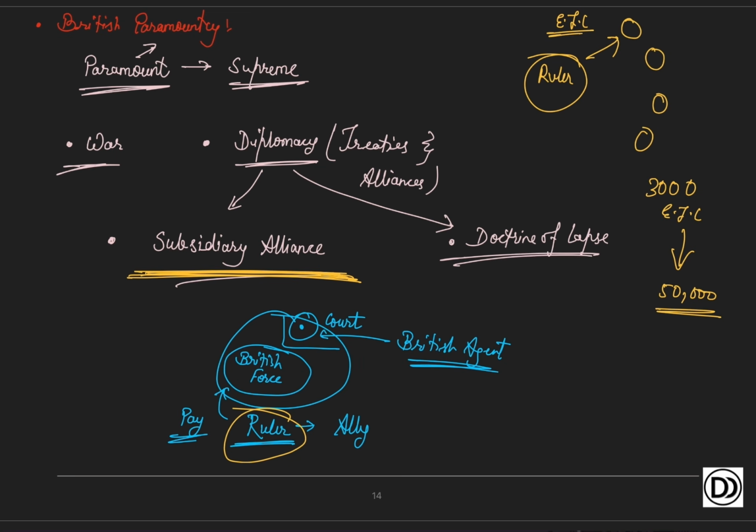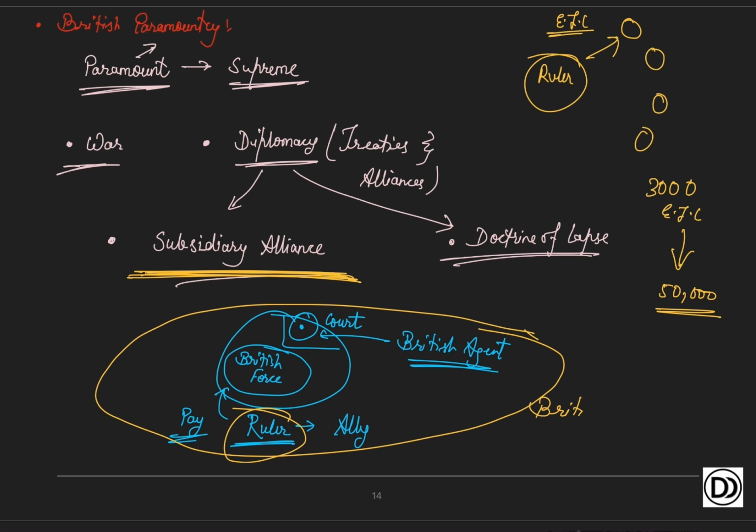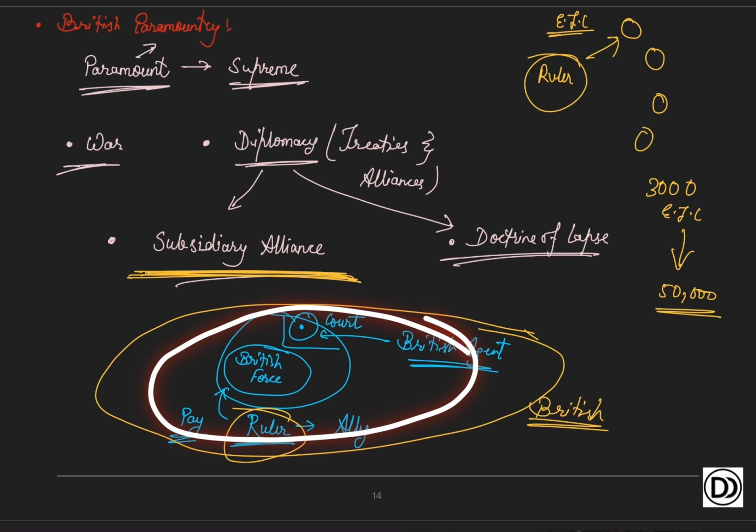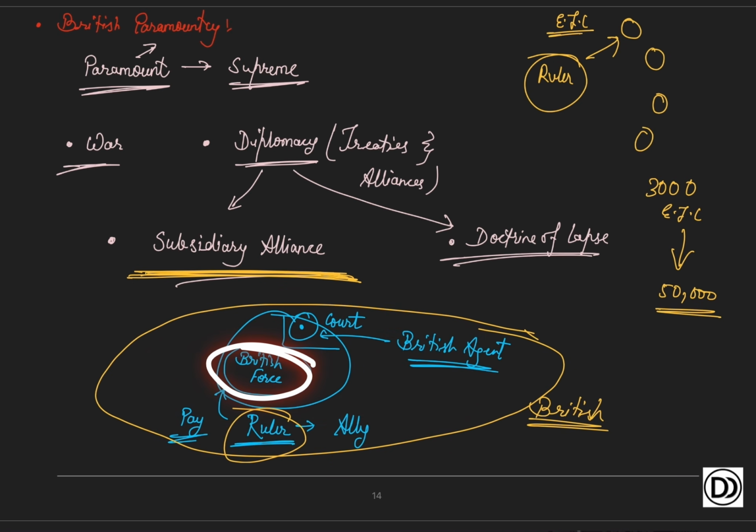And apart from that, every ruler who used to sign a subsidiary alliance was given protection under the British. The British would defend these rulers from any threat. Any outside threat would be defended by the British. So the ruler and his kingdom are safe. The British force is stationed. The British will take care of all the threats. And they also used to not interfere in any internal matter.